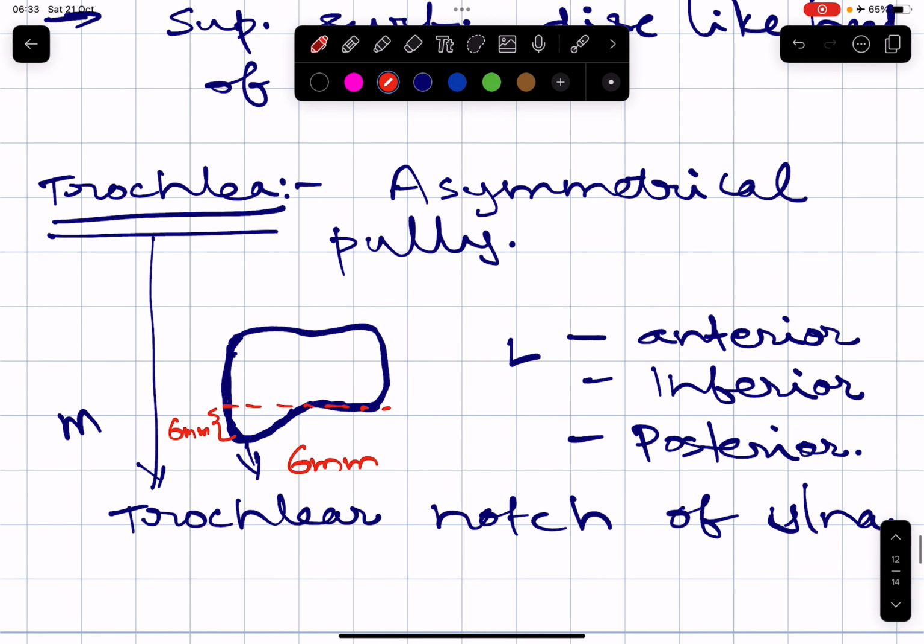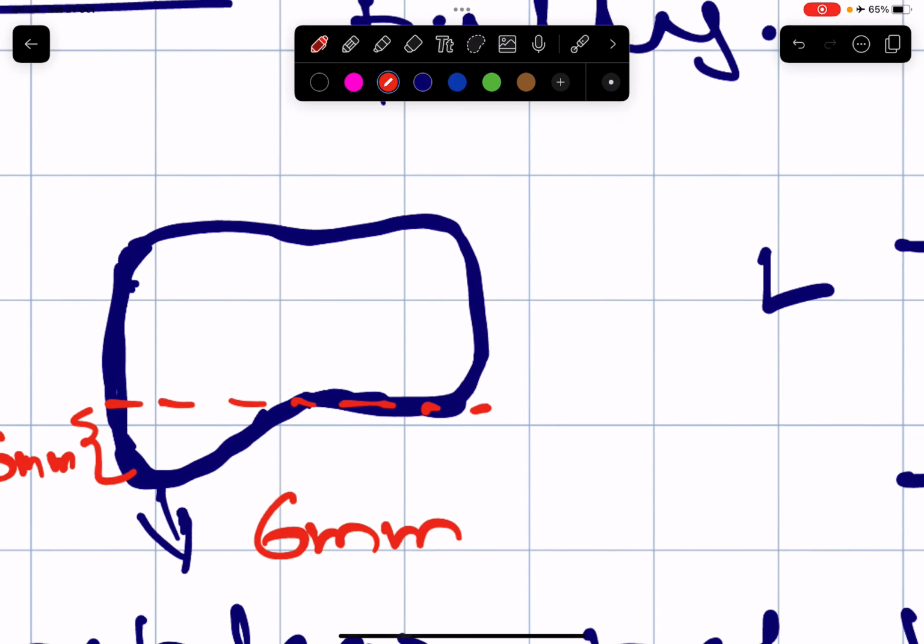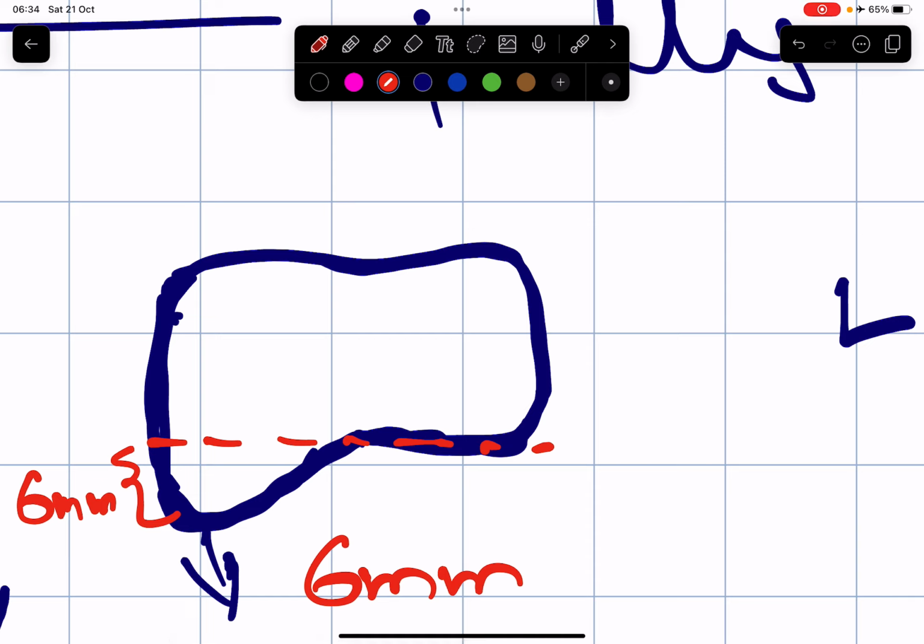All right, so that's about the trochlea. The trochlea is actually an asymmetrical pulley, and it has the articular surface which covers the anterior, inferior and posterior surfaces, and it articulates with the trochlear notch of the ulna. When you closely take a look at the trochlea, it has a medial flange and a lateral flange.